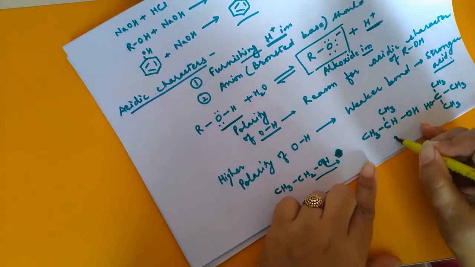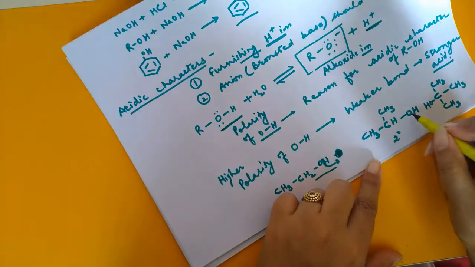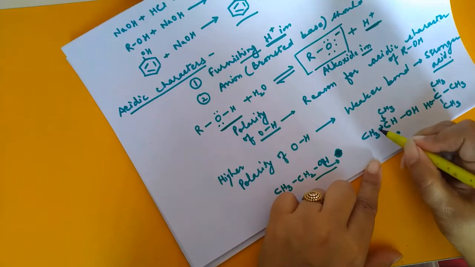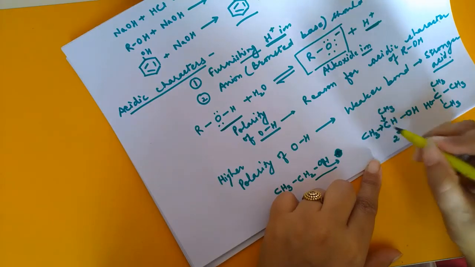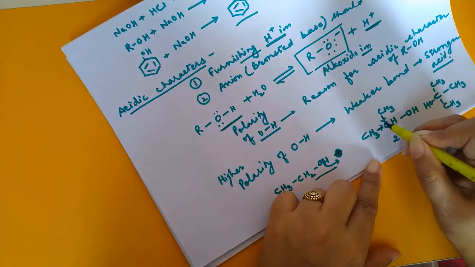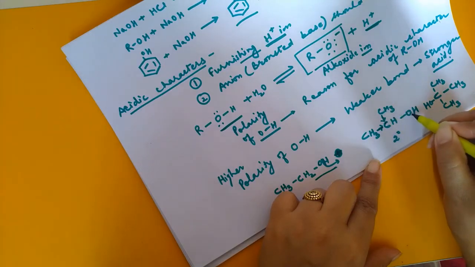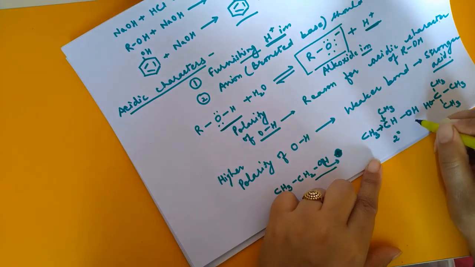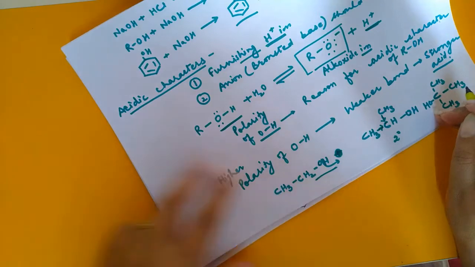Now what about the secondary alcohol? In the secondary alcohol, there are electron releasing groups. This electron releasing group will increase the electron density on this carbon. In turn, it will increase the electron density on this oxygen, which will decrease the polarity of the oxygen-hydrogen bond, and that's how it will decrease the acidic character.